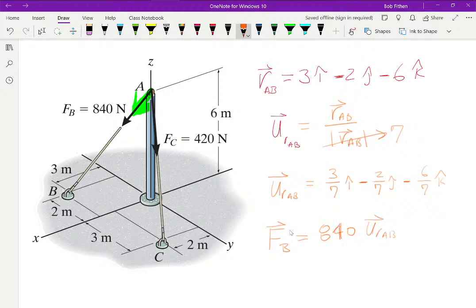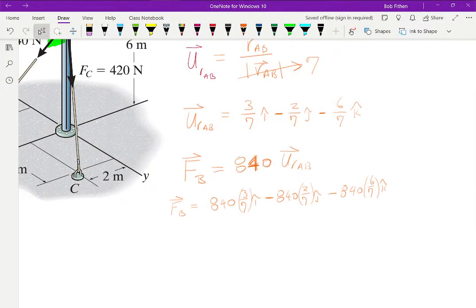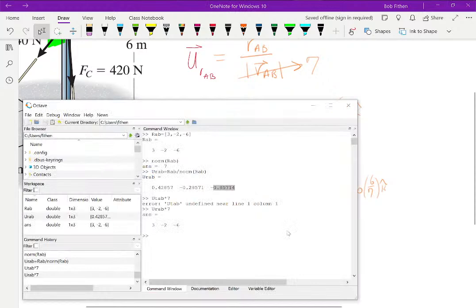Well, there's something interesting about this case, and he designs these problems this way. I would not count on this being the case. But if you take this and look at these terms, 840 times 3/7 of I minus 840 times 2/7 of J, and minus 840 times 6/7 of K. You'll find something very interesting here. 840 divided by 7 gives you 120.